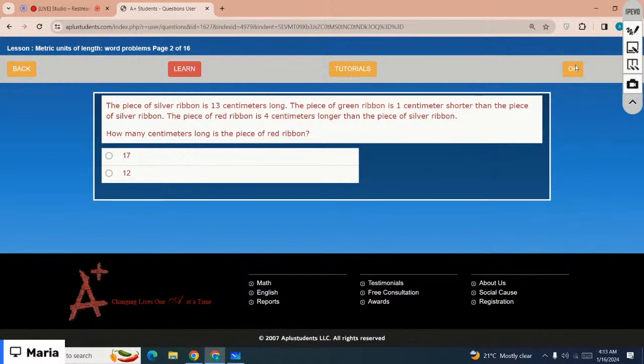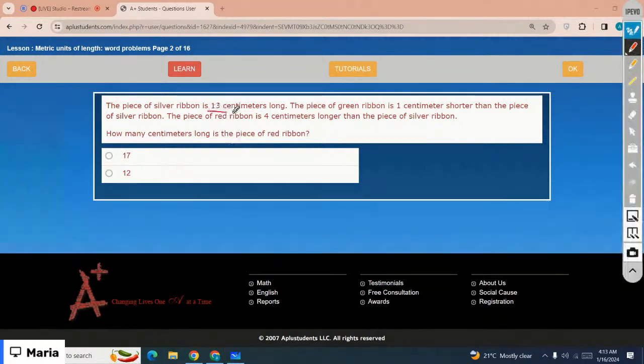Okay, the silver is 13 meters long, right? Then the green one is 1 meter shorter than the silver one, right? That means you have to do 13 take away 1.